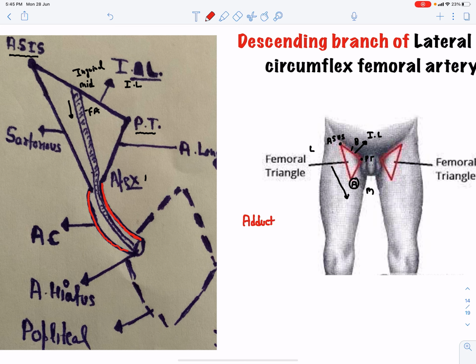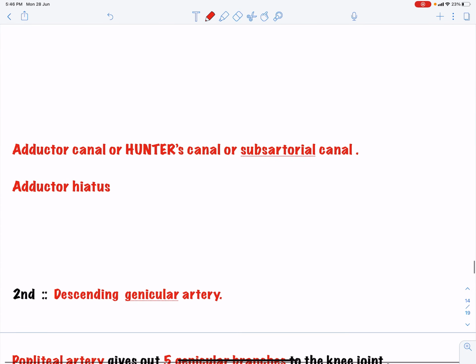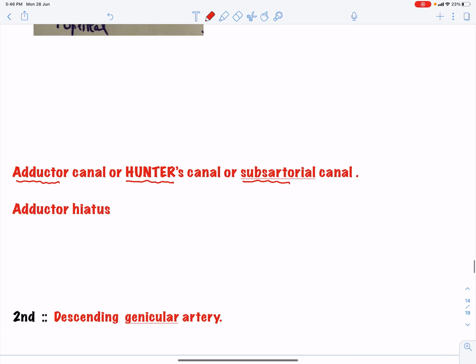Which canal? Adductor canal. Another name for the adductor canal is Hunter's canal, or also called the subsartorial canal, because it is present below the sartorius muscle. Adductor canal is also called Hunter's canal or subsartorial canal.